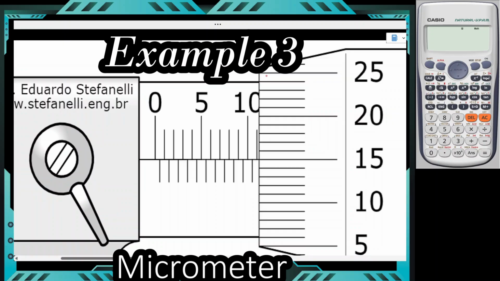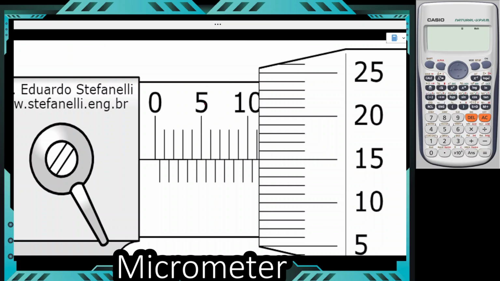All right, then we have the next one. So I'm going to make this one fast forward. The main scale reading is 10, 10.5, 11 millimeters. And the reading on the circular scale is 15.